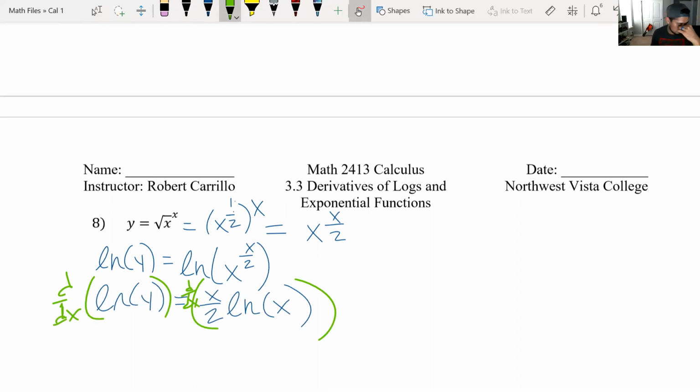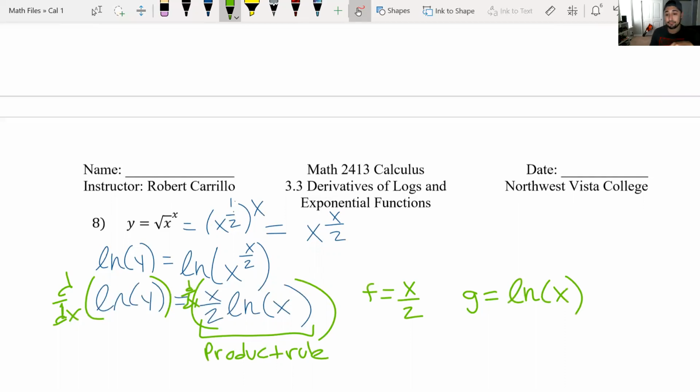But now if you notice, this part here has to be product rule. So f will be x over 2. G will be the natural log of x. F prime is 1/2. G prime is 1 over x. Okay.